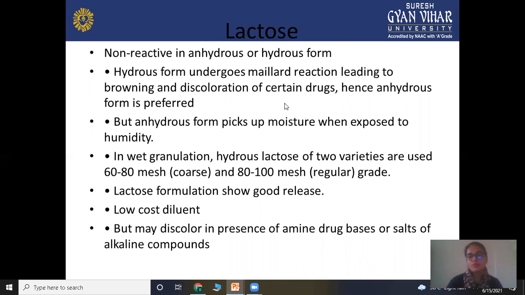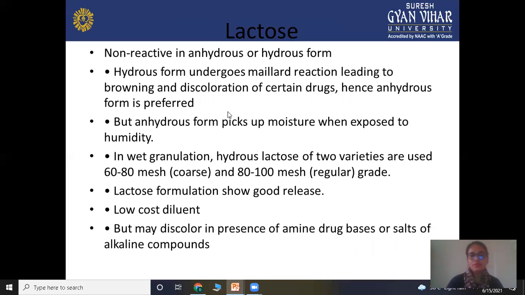Both forms are available, but due to this problem you mainly prefer the anhydrous form, because the hydrous form may show the Maillard or browning reaction, and your drug may show a change in color or decoloration.